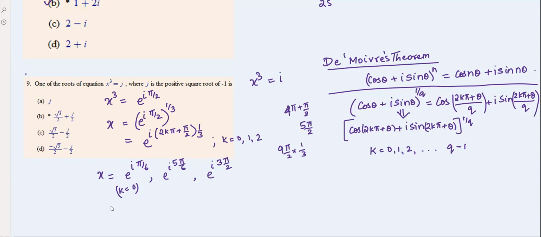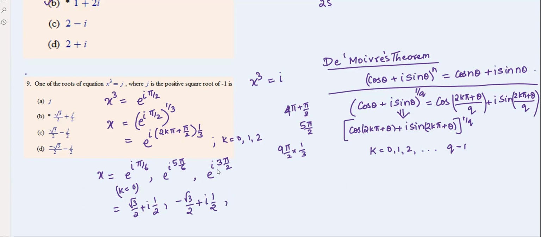Okay. So the answers are: this is cos 30, root 3 by 2, plus i sin 30, 1 by 2. Now cos 150 is minus root 3 by 2 plus i sin 150, which is 1 by 2.